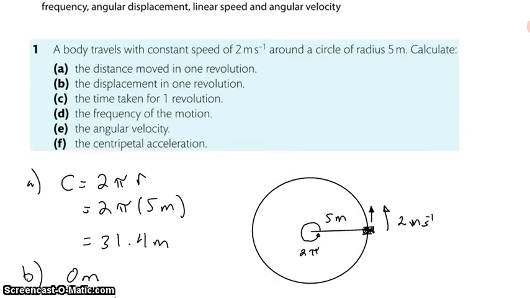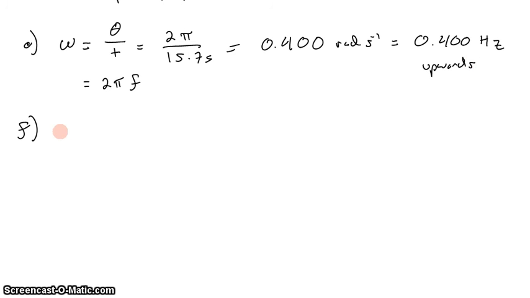Part F. Now we want the centripetal acceleration experienced by the block. Because the direction of the velocity is always changing, the speed stays the same, but the direction changes up, over, down, over, up. The velocity is changing. And if there's a change in velocity, there's an acceleration. We'll calculate it as the centripetal acceleration. The formula for the centripetal acceleration is pretty straightforward.